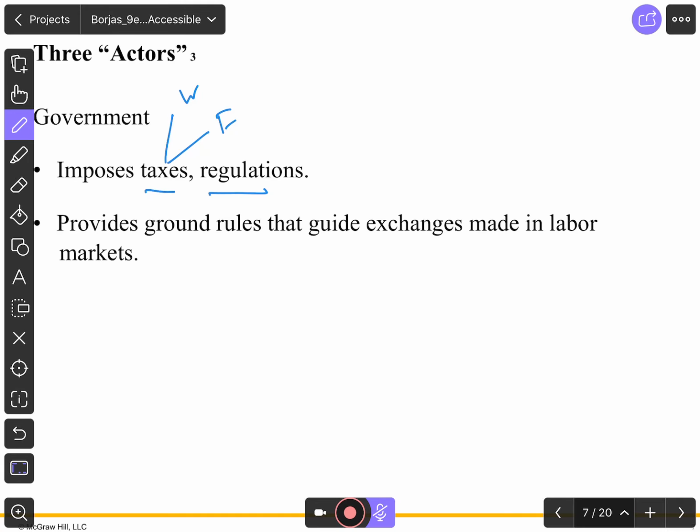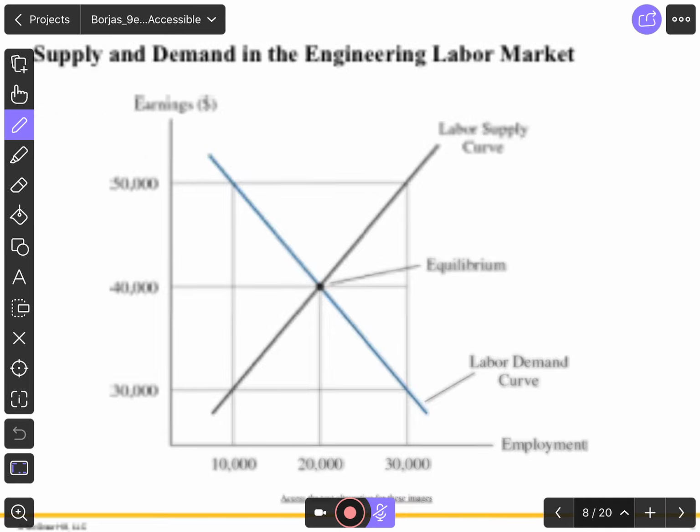And they also put regulations like the minimum wage, for example, per state and so on. So they regulate the labor markets. They put all the guidelines and the main regulations that try to regulate the interaction between those two important players, the workers and the firms.